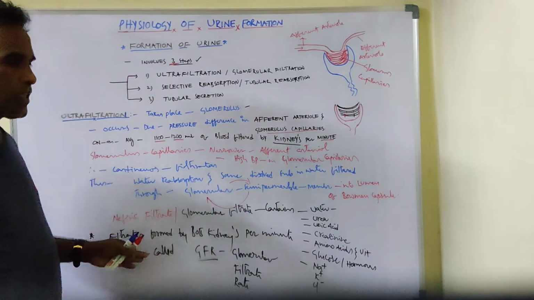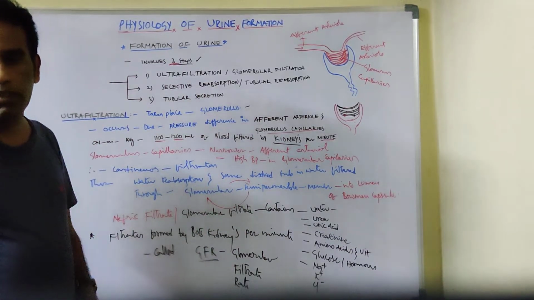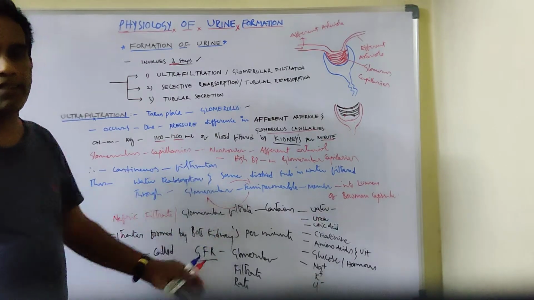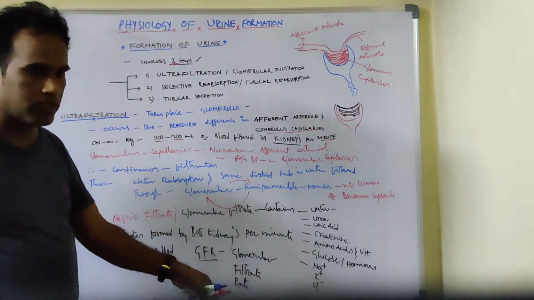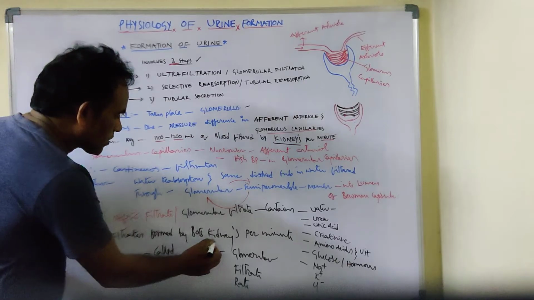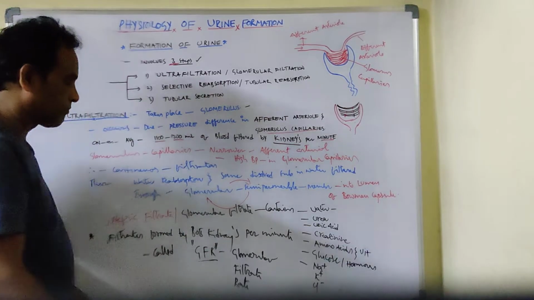So the filtrate formed by both the kidneys per one minute is said to be the glomerular filtrate rate, usually known as GFR.